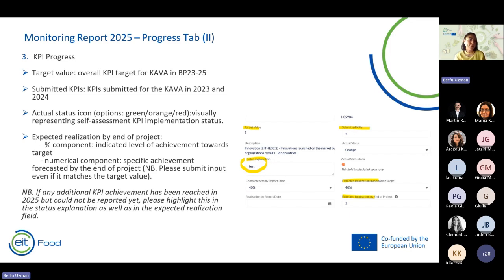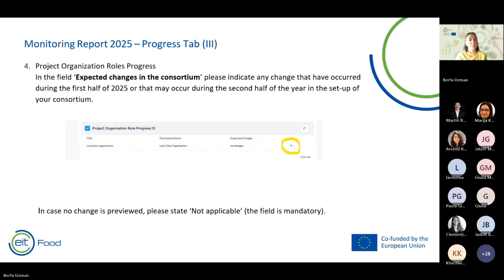Then please highlight this in the status explanation, as well as the expected realization field, because that will show us what is there that is not captured yet in the system. And it would be great if we can spot these in this monitoring period, if you have any KPI achievements that have not been reported yet.